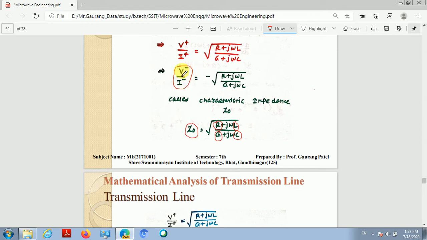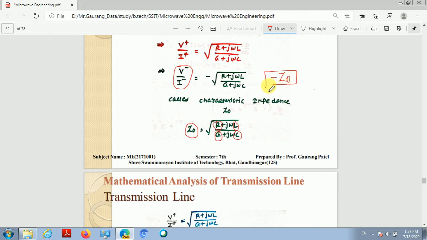What is V minus? That is the backward voltage traveling wave. What is I minus? The backward current traveling wave. So at any point, if we take the ratio of V minus and I minus on the transmission line, we will get the negative of the characteristic impedance, that is minus Z0.